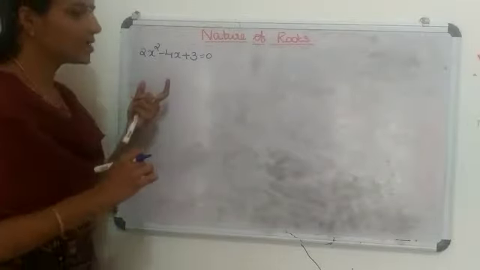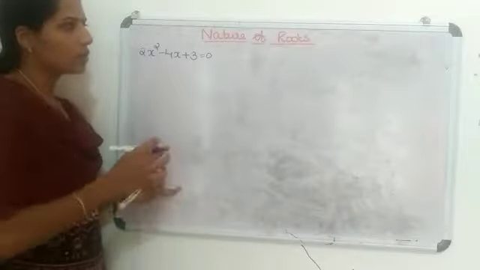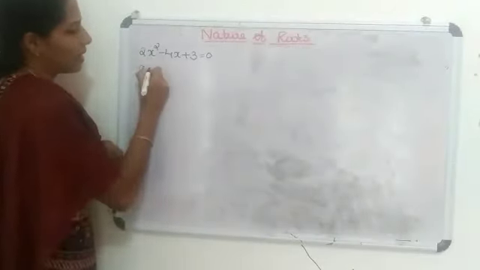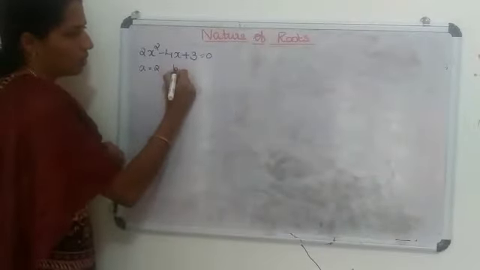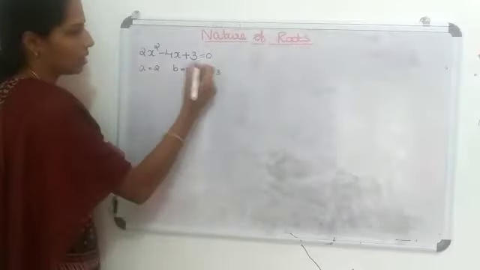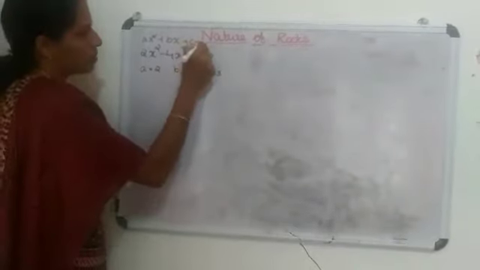Our question is: find the discriminant of 2x square minus 4x plus 3 equal to 0 and find the nature of its roots. From here, a equal to 2, b equal to minus 4 and c equal to 3, in the form ax square plus bx plus c equal to 0.